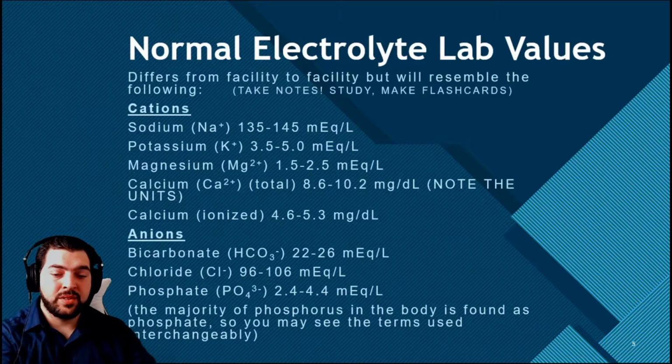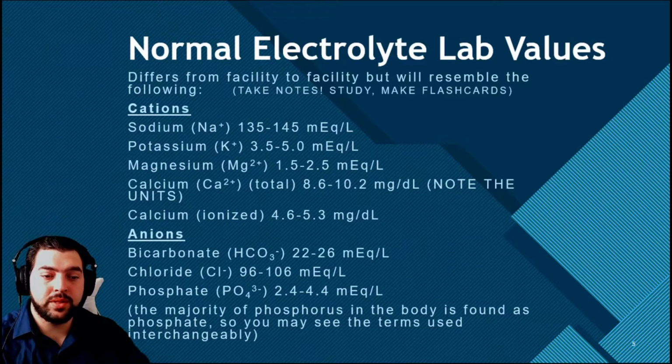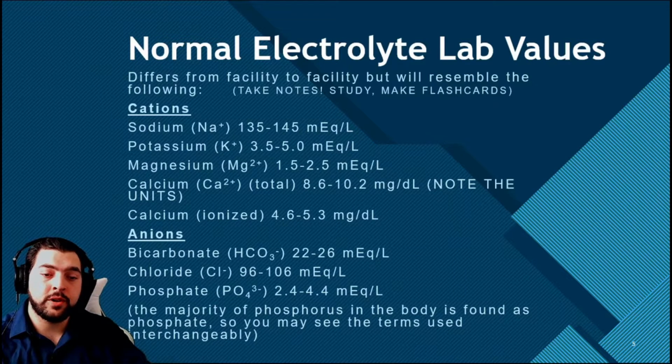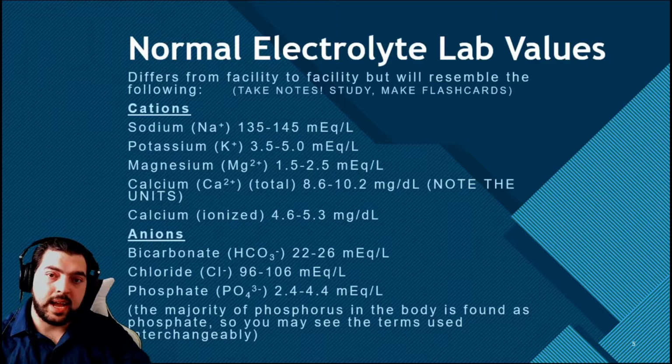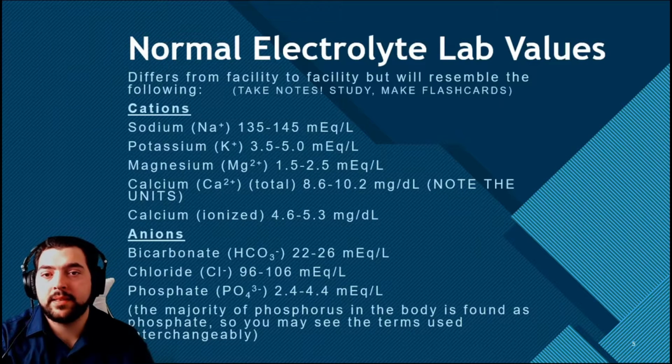Okay? So, calcium, both total calcium and ionized calcium, are measured in milligrams per deciliter. And total calcium should be 8.6 to 10.2. And ionized calcium will be 4.6 to 5.3 milligrams per deciliter. Ionized is like just by itself.